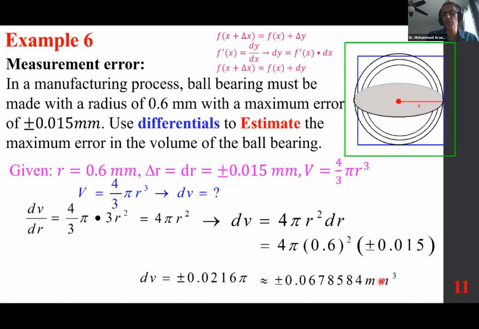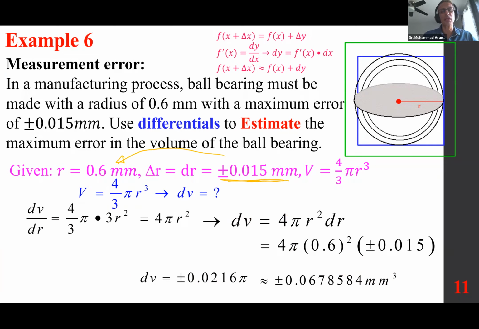Notice the units of the volume and the units of dV, the change in volume, must be identical, and they are. So this is the approximation, my apologies. If you were to find the exact difference, then you would have to add and subtract this much from this.